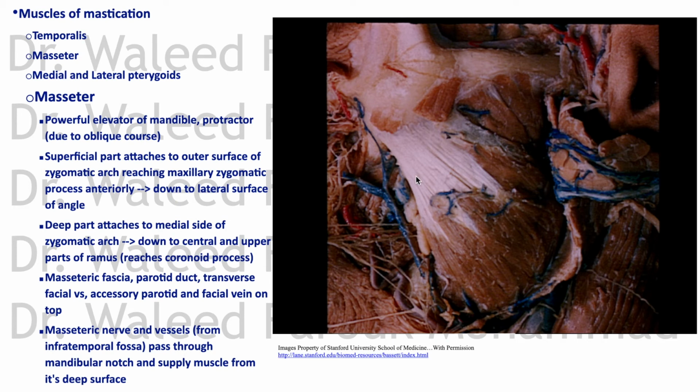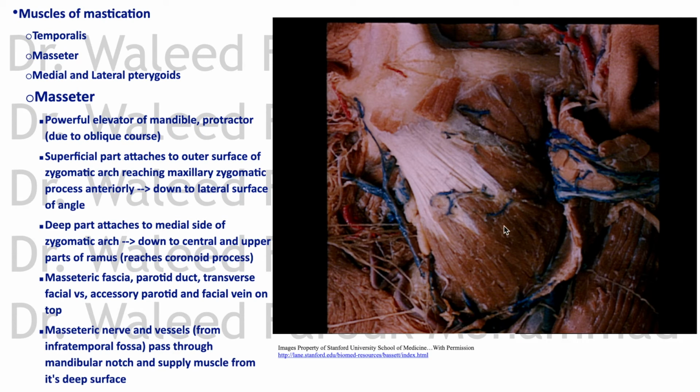Remember, I told you the facial vein is superficial to the muscle, but the facial artery is anterior to the muscle. It's not superficial, it's anterior, where you can feel the pulse of the facial artery. Remember that. So the artery is in front of the vein, and the facial vein is on top of the muscle.